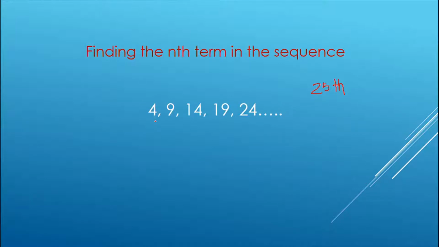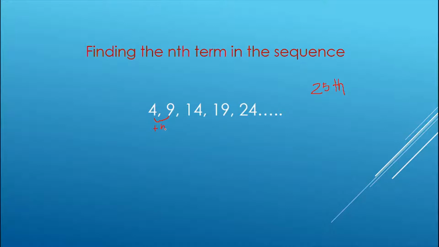Based on our sequence, we can see 4 becomes 9, 9 becomes 14, 19, and 24. Based on our pattern here, what do we do to 4 to make it 9? We add 5. So this one is plus 5.